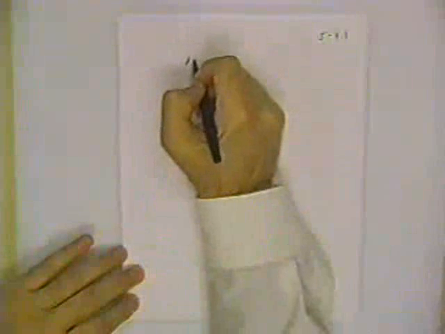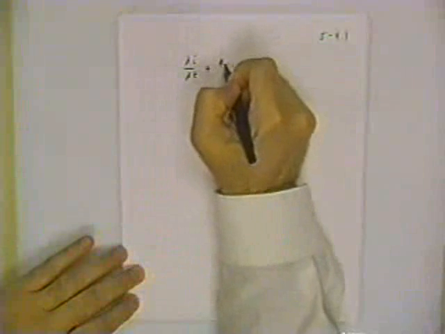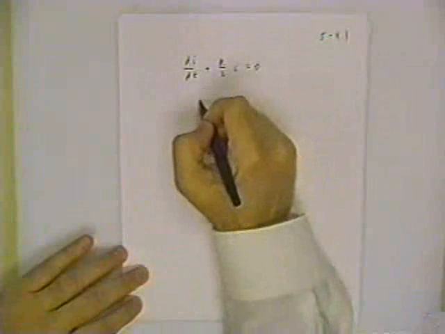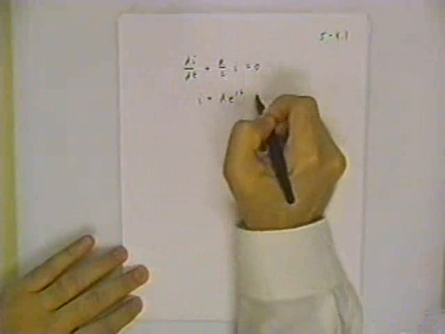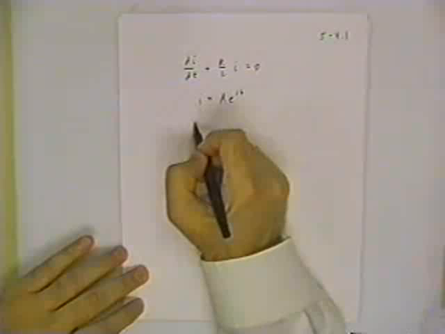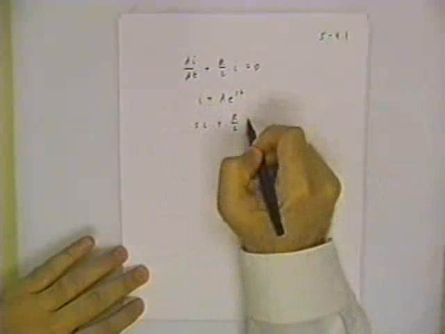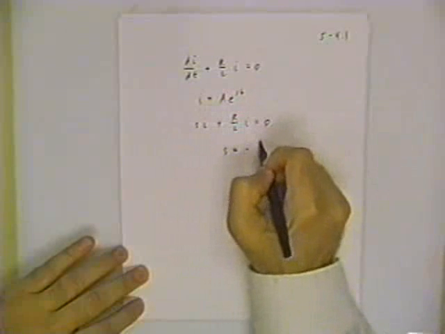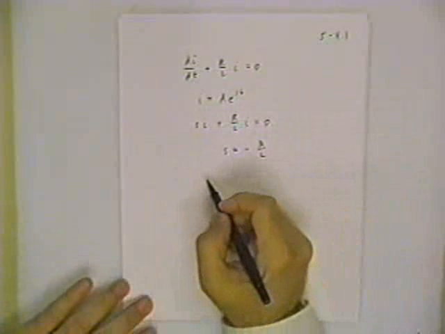If di/dt plus R over L times I is equal to 0, this tells us that I equal to A e to the st is going to be satisfied by s plus R over L equals 0. The s turns out to be negative R over L.